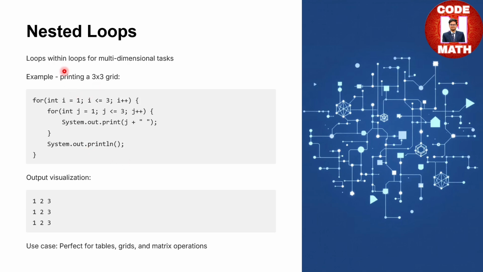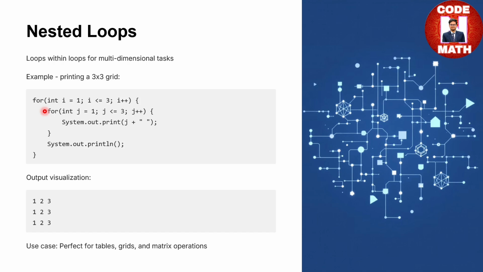So we can create those scenarios or those tables through loops only, if you want to print multi-dimensional data. Nested loops are used for multi-dimensional tasks, like printing a 3 by 3 grid, as I talked about the rows and columns of the timetable.